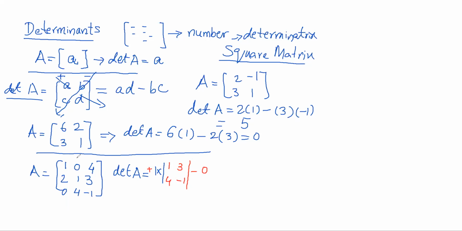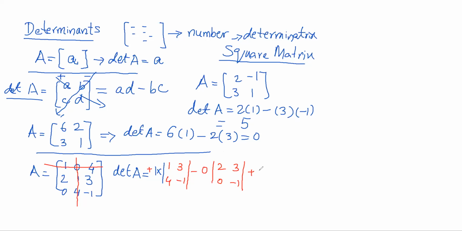For the 0, I will remove this column and this row, and whatever is left will be 2, 3, 0, minus 1. We will find its determinant, and then plus, minus, and then again plus.